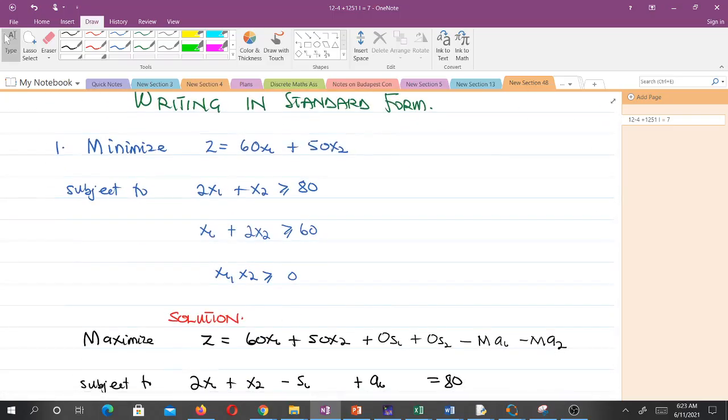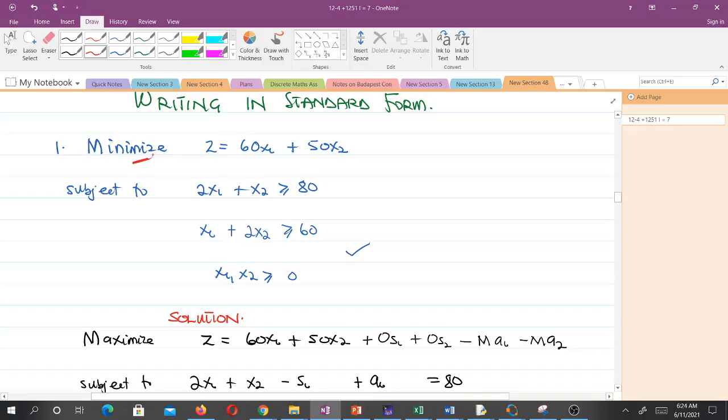It says minimize z equals 60x1 plus 50x2 subject to these constraints. You can see that it's a minimization problem, and in our constraints we have greater than or equal to and greater than or equal to.